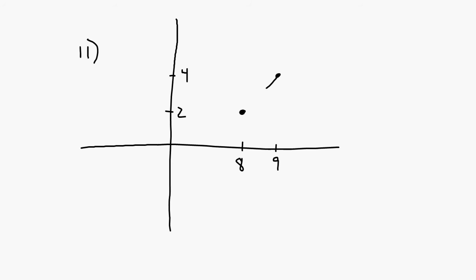So here's your segment. This is at 9, 4. This is at 8, 2. So you turn it into a right triangle. What's your vertical change right here? What's your horizontal change?